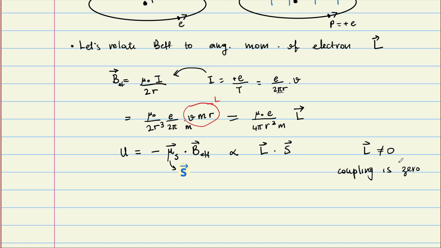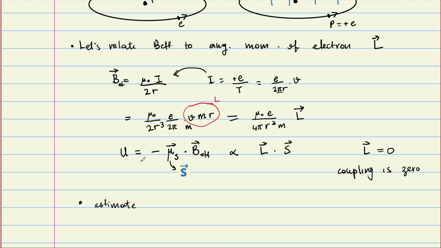You have to have a non-zero spin and also a non-zero angular momentum. For example, this doesn't happen for S orbits. You said not equal to 0. Yes, if L is 0, the coupling is 0. Thank you. Good. And now let's estimate how strong this effect should be.